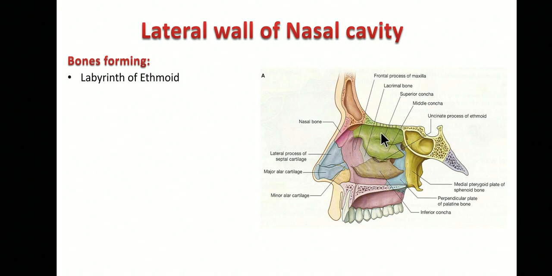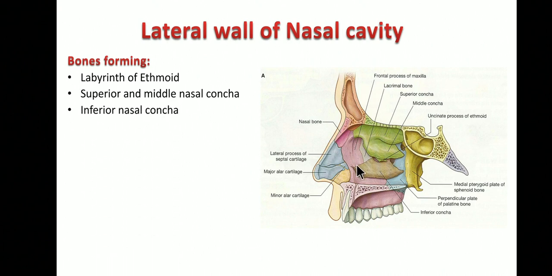The superior and middle are part of the labyrinth of the ethmoid bone. That's why I discussed the ethmoid bone in the beginning of this class itself. Then you have the inferior nasal concha, which is an individual bone.